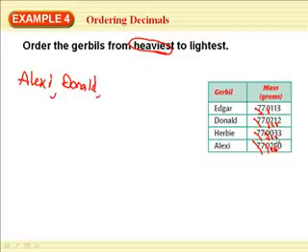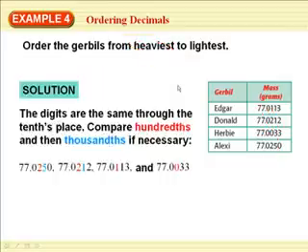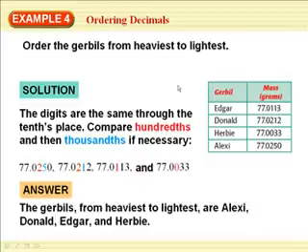Herbie has a 3 right here. Edgar, well, wait. Edgar has a 1 where Herbie had a 0. See right there? So Edgar is next. And poor Herbie is last. Let's see if we did that right. There they are, comparing the digits, just like we did. I like it. They were in line. It made it a little bit easier. Alexia, Donald, Edgar, Herbie. Woohoo! We got it right.